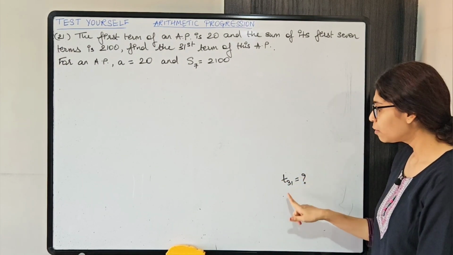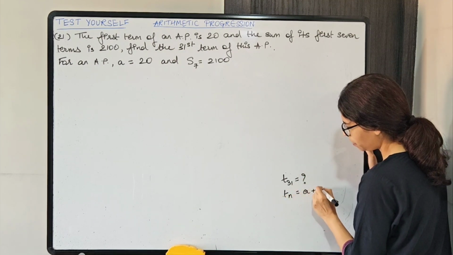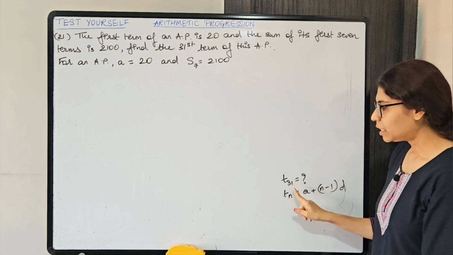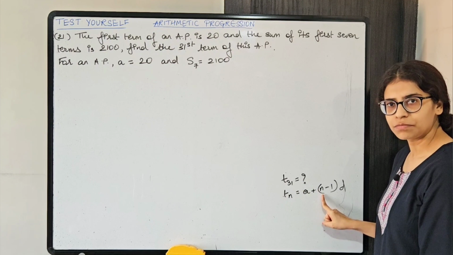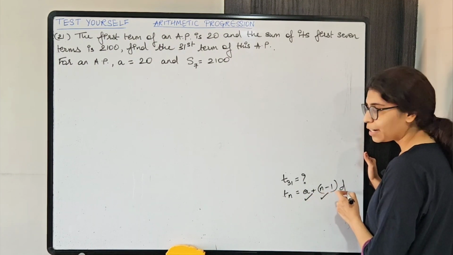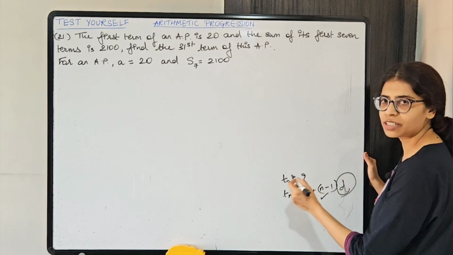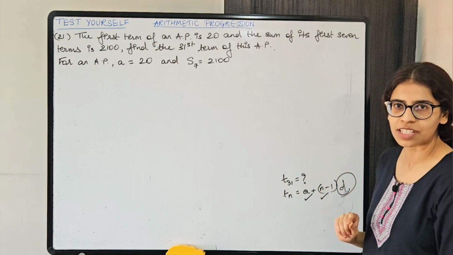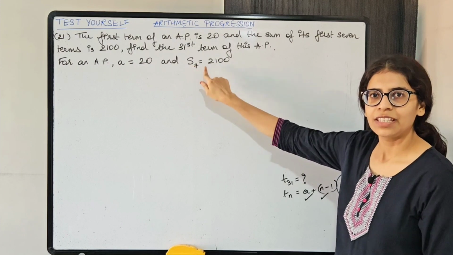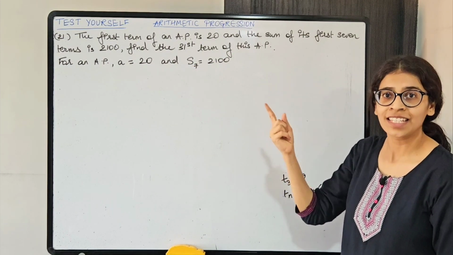Okay. For this we'll be using Tn का formula. Tn is A plus n minus 1D. Okay. T31 है तो n will be 31, right? N I know. A is given. I don't know D. D find out करना पड़ेगा. So to find out 31st term, I need to find out D first. D कहाँ से मिलेगा? यहाँ से. S7 दिया हुआ है. So Sn का formula use करेंगे. The formula where D is there. Okay.